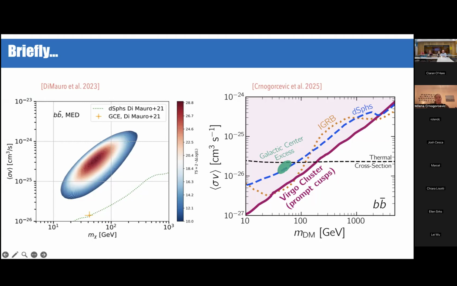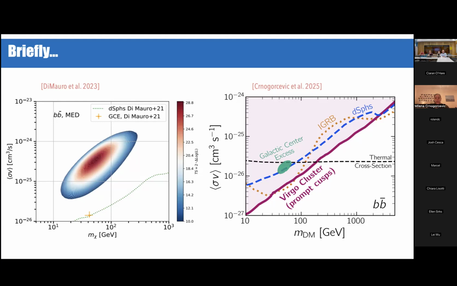Nevertheless, it's an interesting result that needs further exploration. Having said that, I have not seen any papers that have reproduced this excess. So even though it is a collaboration work, I would take it a bit carefully and maybe reconsider the underlying assumptions that are coming from the modeling of the astrophysical backgrounds.